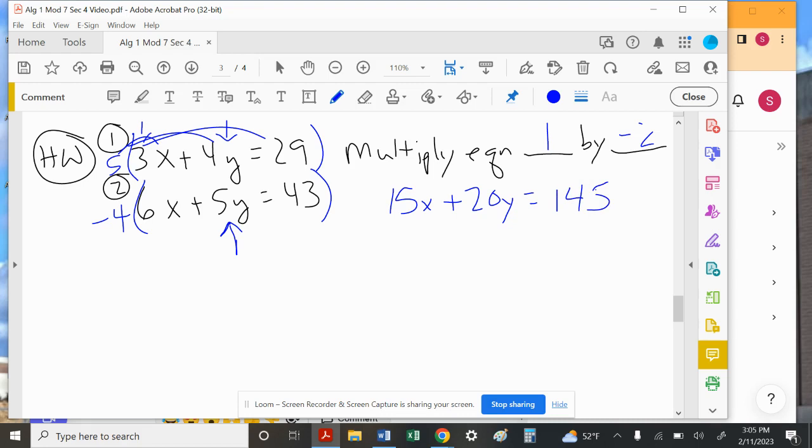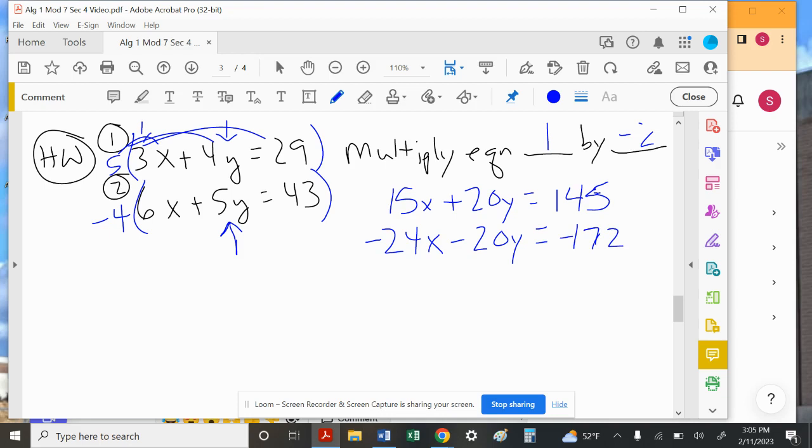You could use a calculator to do that, but I just wanted to do that in my head. So 145. And then -4, so I have -24 because 4 times 6. I have -20y, and then I have 4 times 43. So 4 times 40 is 160. 4 times 3 is 12, so it'd be 172, and it would be negative because one number is negative and one number is positive.